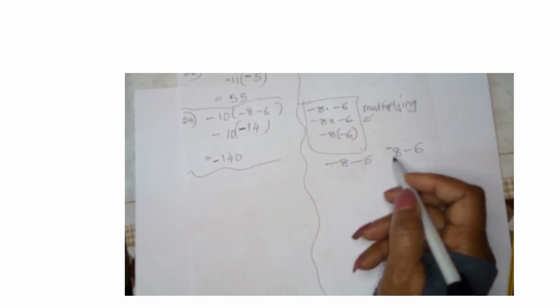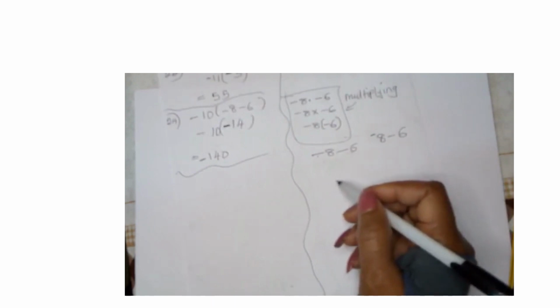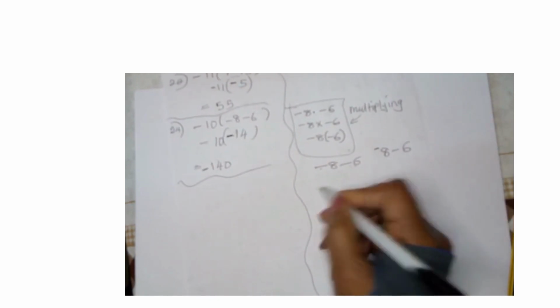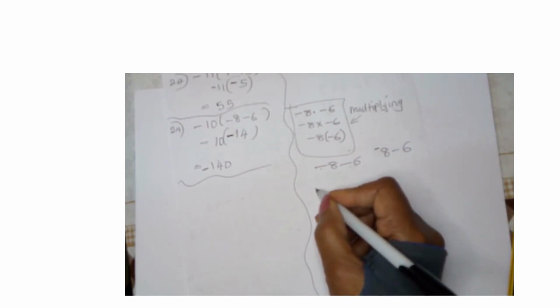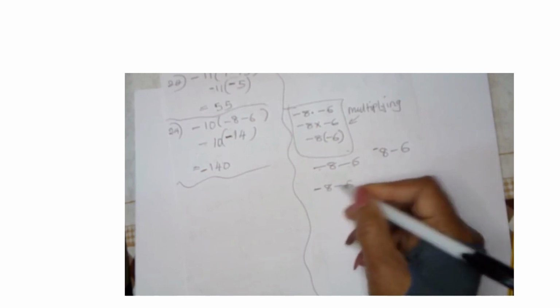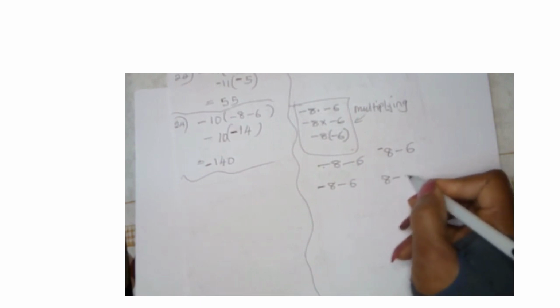So what do you do? Like I told you before, you have social distancing and no social distancing. Negative 8 minus 6 has social distancing. If you have 8 plus 6, there is no social distancing, so you just add.